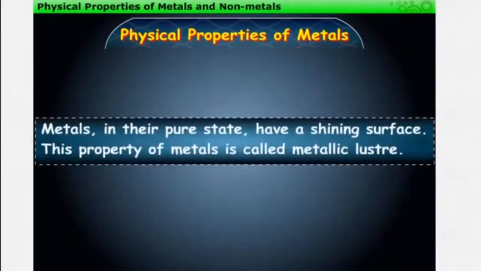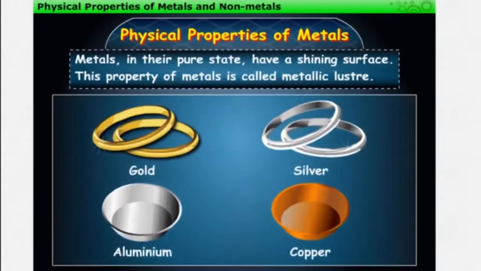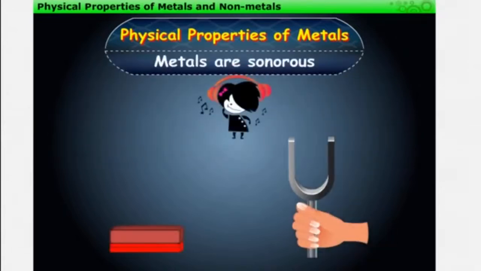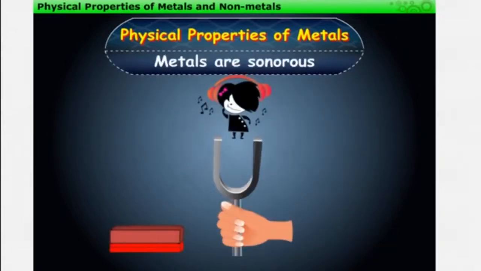We find that metals, in their pure state, have a shining surface. This property is called metallic luster. For example, gold, silver, aluminium, and copper. Moreover, metals produce sound when they strike a hard surface, so they are said to be sonorous.